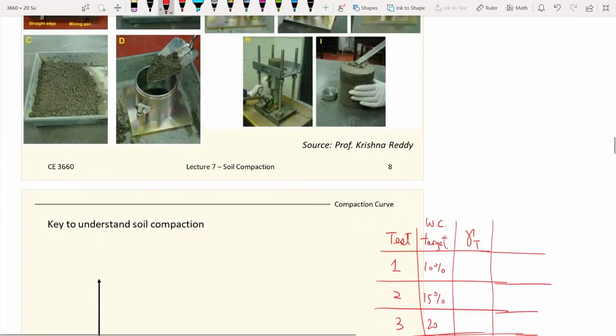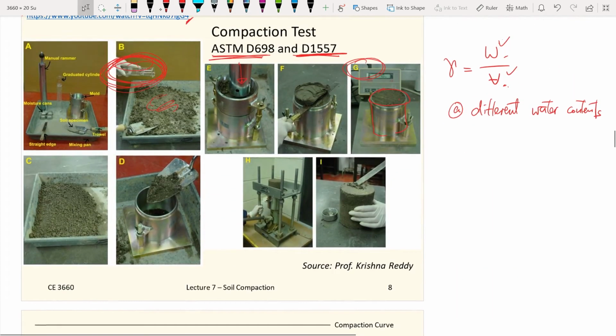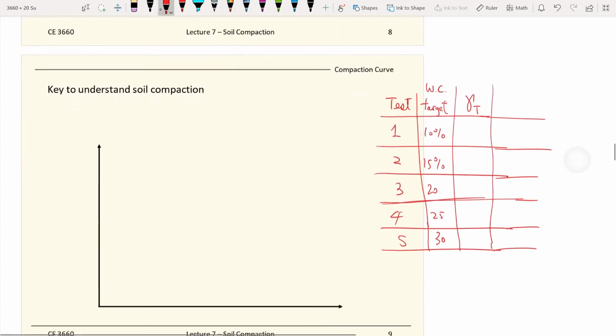After you do the compaction, you extrude the soil sample out of the mold. This is the same mold as the standard volume. After you extrude the soil, you take out some soil for a water content test. They try to measure the actual moisture content when you finish the test.